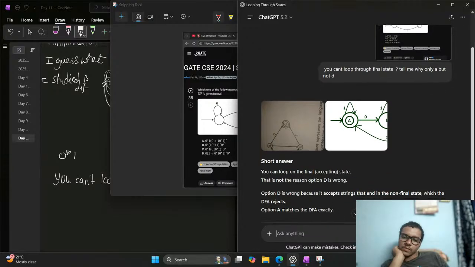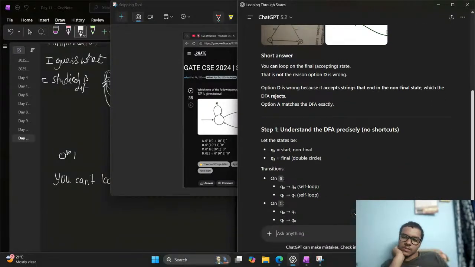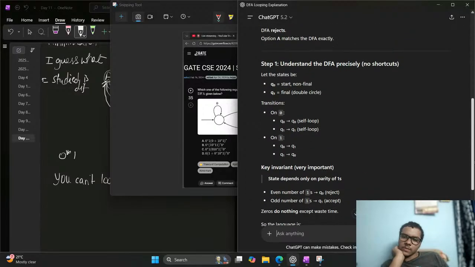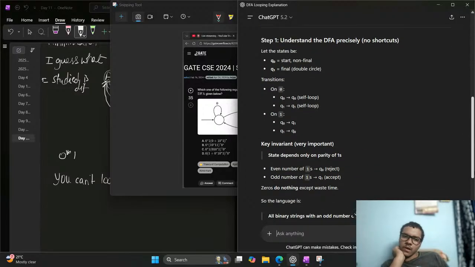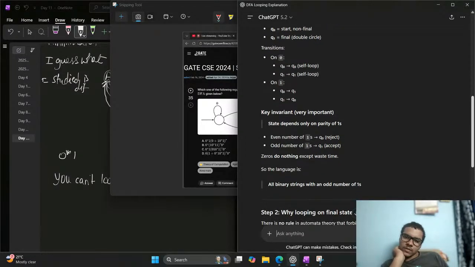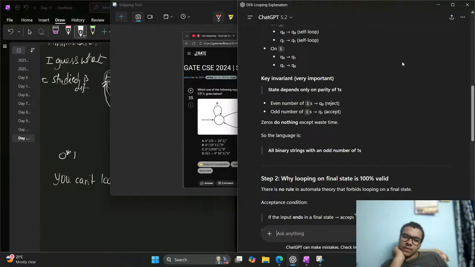You can look through the final accepting state. The accepted strings, understand the DFA precisely. Start non-final, final double circle. Okay, self loop. Q1 to Q1 self loop. On 1, Q0 to Q1.